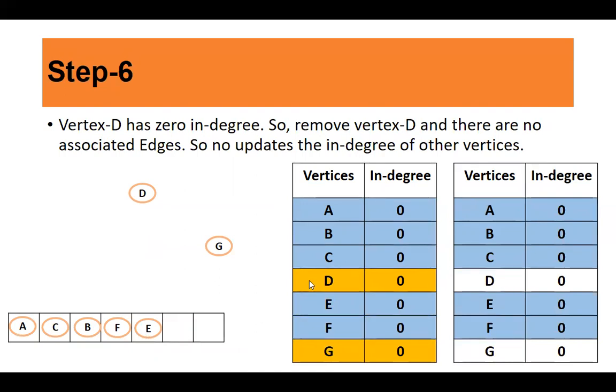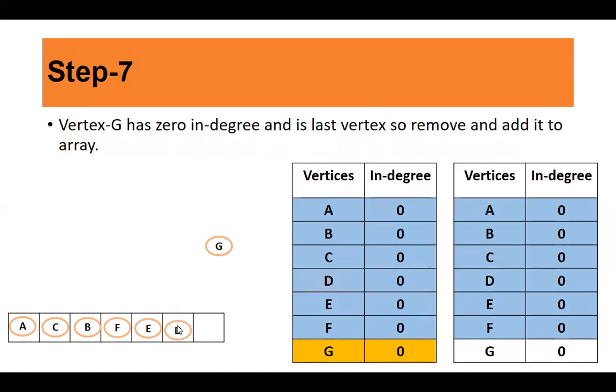Now again you have two vertices with in degree 0. So you can have two more topological sorting orders here, depending on whether you select D first or G first. Here we select D. Once you select D, there are no vertices associated with it, so directly add it to the array.